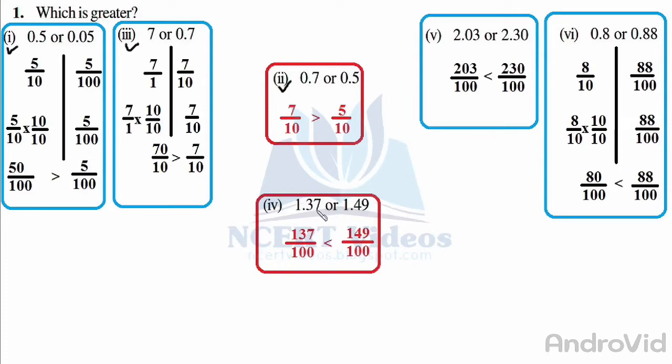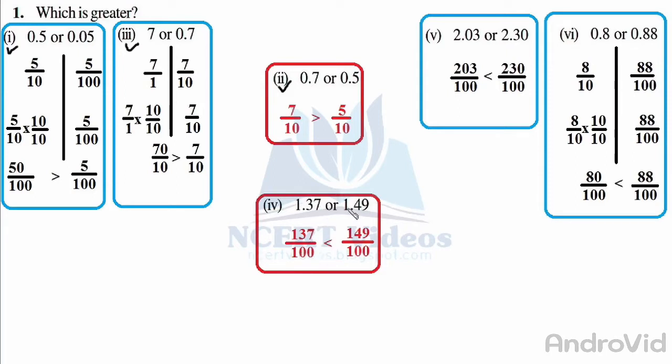Now here 1.37 or 1.49. First, you just forget that there is any decimal. Whatever the number is, just write it down and forget the decimal. Now in the denominator part, represent the decimal with 1 and the number of digits towards the right hand side. There are 2, so 1 and 2 zeros.